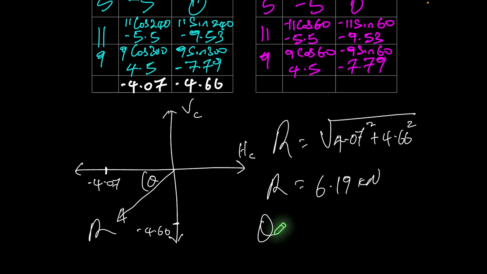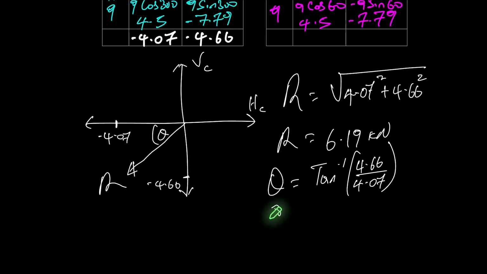And of course, our angle is going to be tan inverse. We use the vertical component, 4.66, over the horizontal component, 4.07, and our angle is 48.87 degrees.